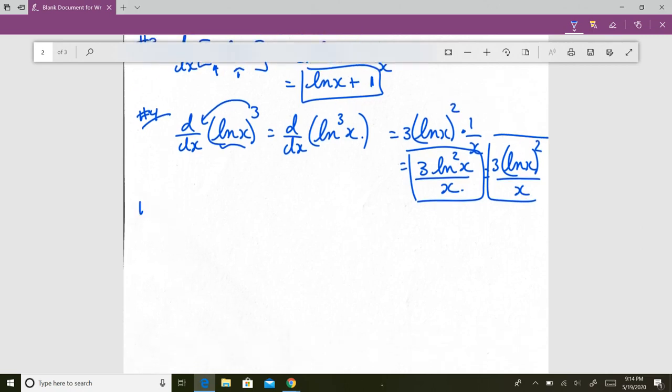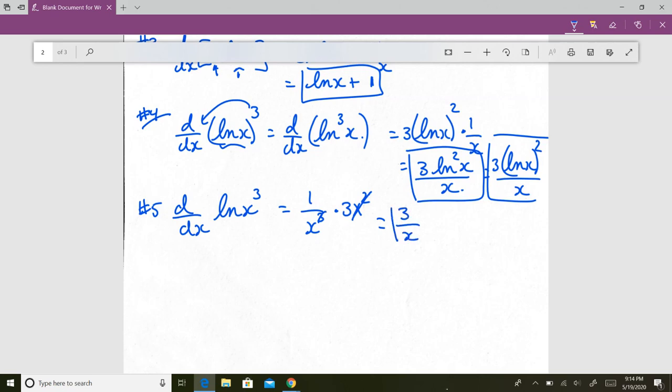Now, how is that different than this? The derivative of the natural log of x cubed. Well, you have a couple ways to do this one. The first way is, all right, it's 1 over x cubed times the derivative of x cubed, because this one has the cube on the x, which is 3x squared. And then those would cancel, two of those, and you're left with 3 over x.